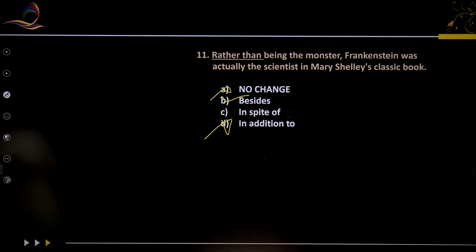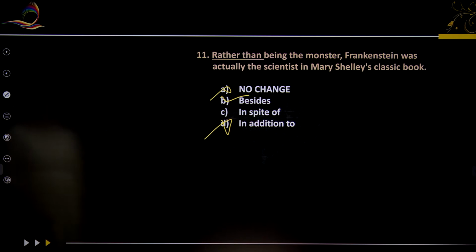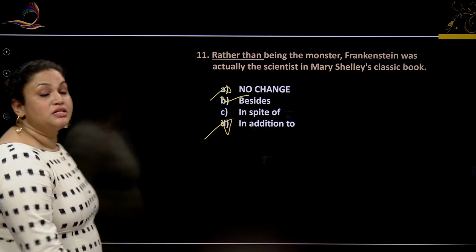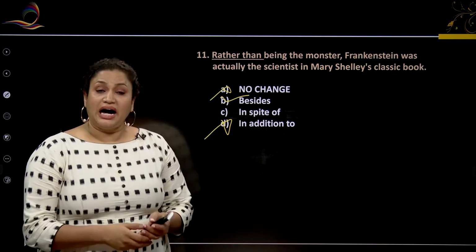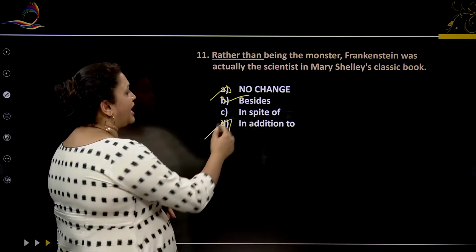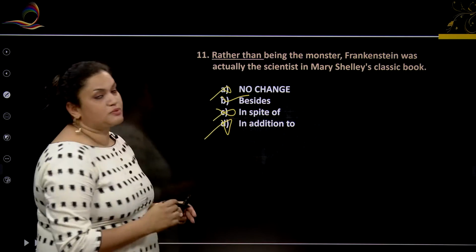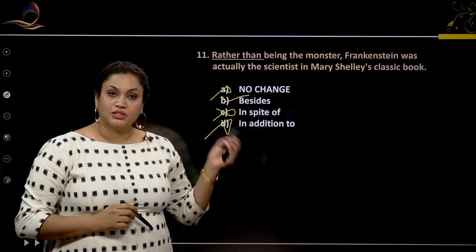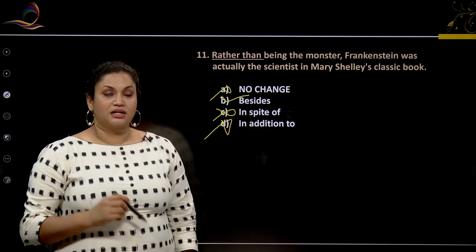Besides or in spite of? So now I find besides is much better than anything else. Therefore, I would go with besides and not in spite of. Let's go to the next option. Next question.